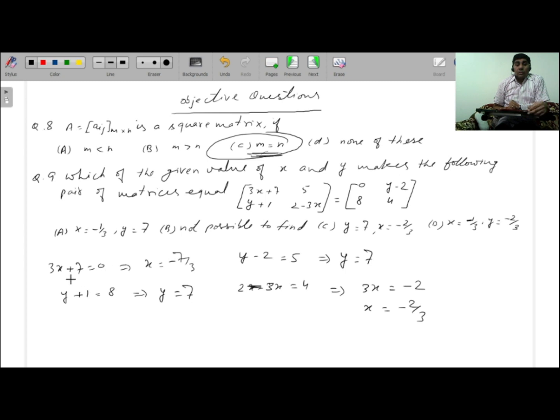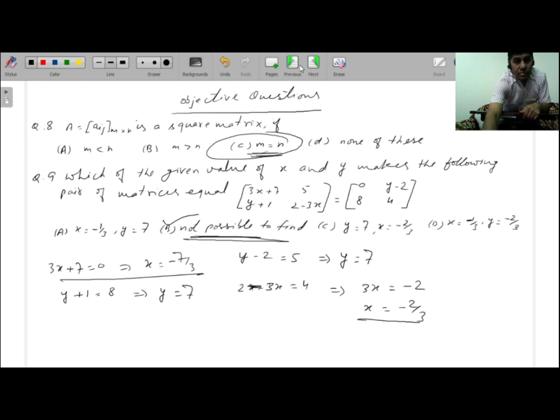So from this equation we have x is equal to minus 7 by 3, but from this equation x is equal to minus 2 by 3, which are different values. Therefore it is not possible to find the values. B is our answer, because x has two different values in the same matrix, so it is not possible.